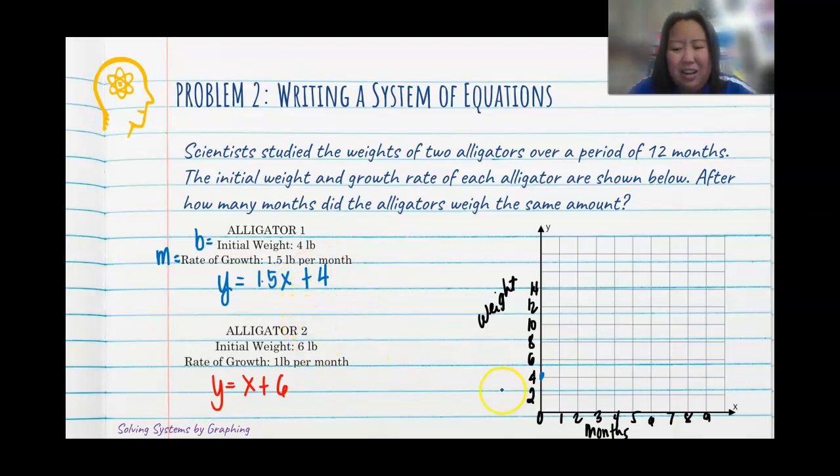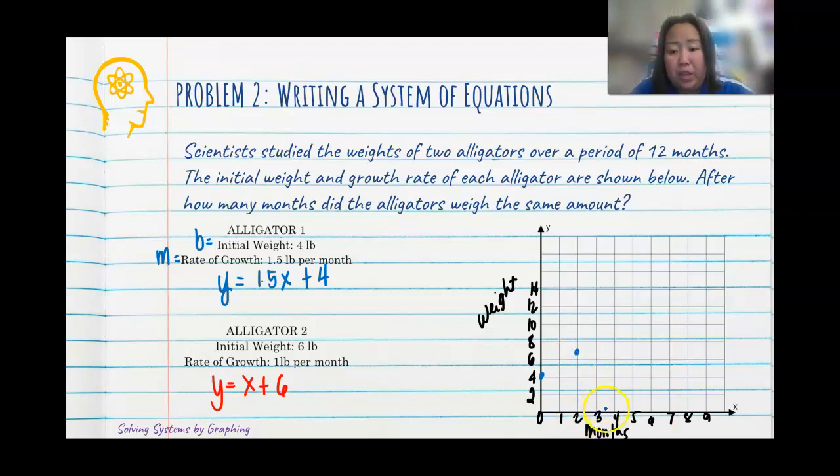It's a little difficult to jump by 1.5, so just imagine replacing our x by 2. Why? Because 1.5 times 2 is 3. So when your x is 2, your y value is 3 plus 4, which is 7.